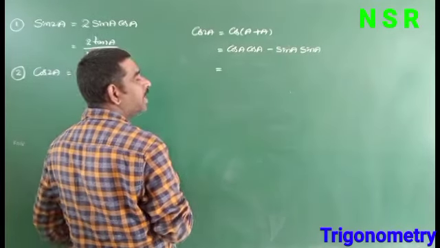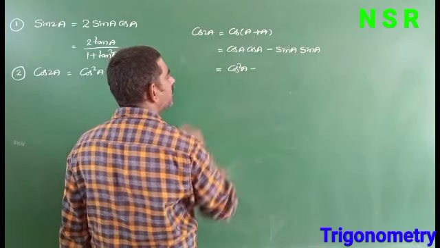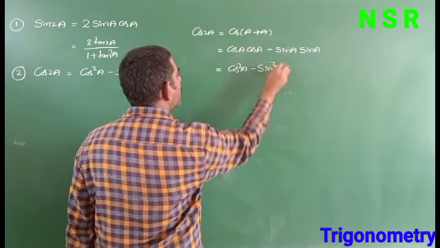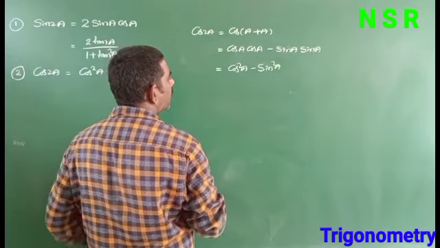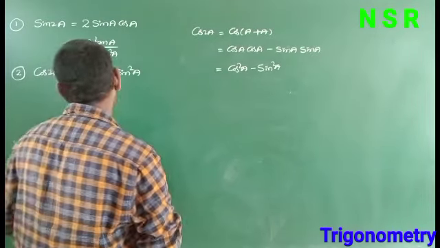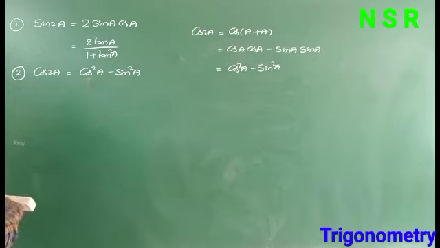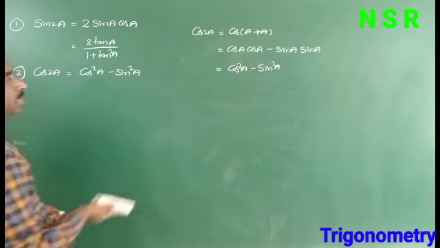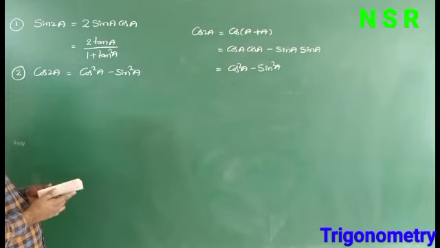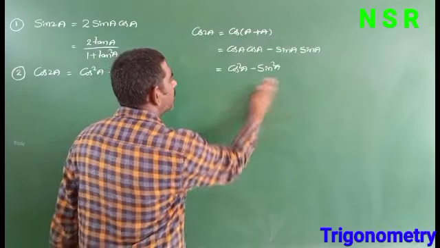So cos a into cos a is cos square a, minus sin a into sin a, sin square a. So we get cos square a minus sin square a. This is the formula of cos 2a in terms of sin and cos. Now we can change this formula into sin terms.